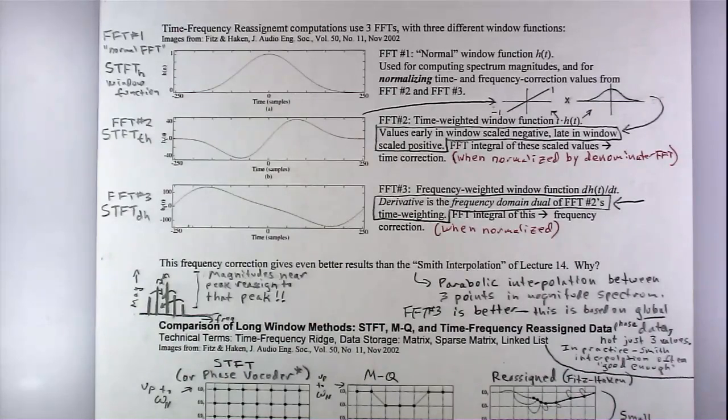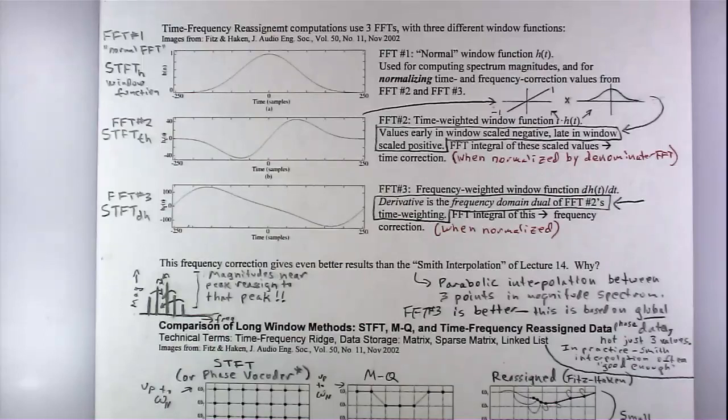All right? So you're going to use the normal FFT that you do up there to find your magnitudes. That doesn't change. You're going to use those for finding magnitudes, but now you want to figure out a better frequency and a better time.